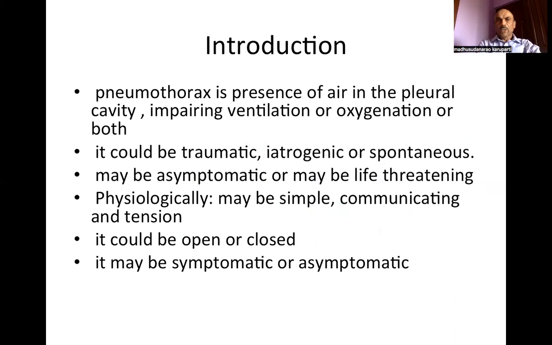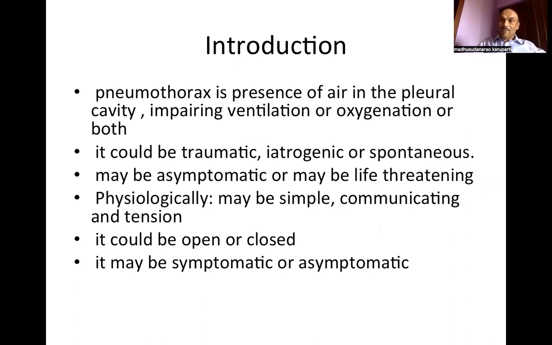Well, pneumothorax is the presence of air in the pleural cavity, which I told you, impairing ventilation or oxygenation or both. It could be traumatic, iatrogenic, or spontaneous. Okay, it may be asymptomatic or it may be severely symptomatic with a life-threatening situation.